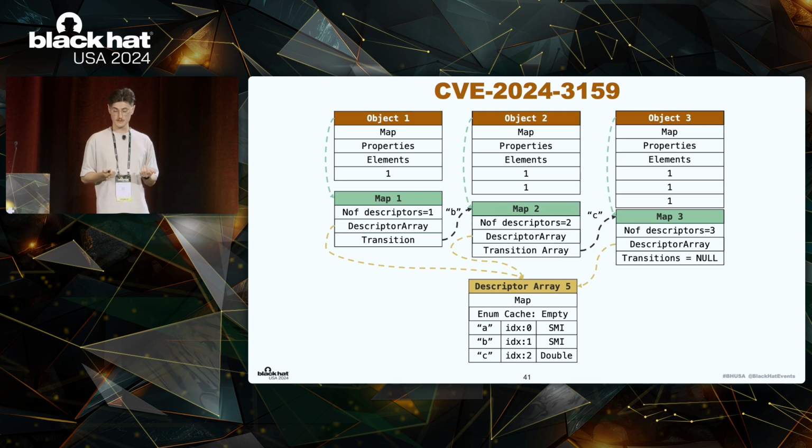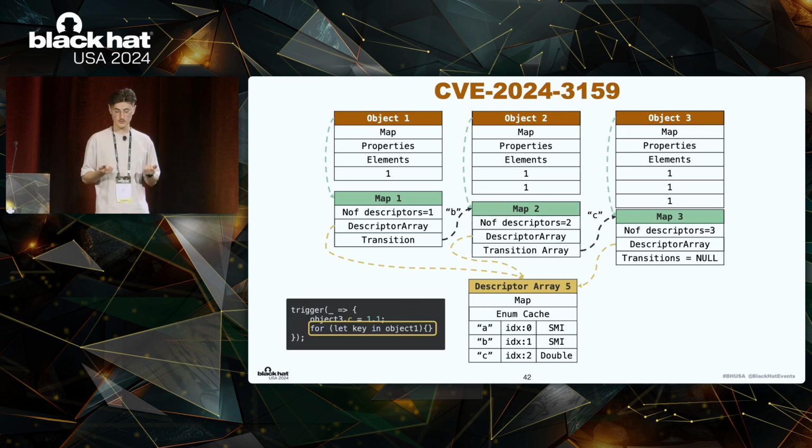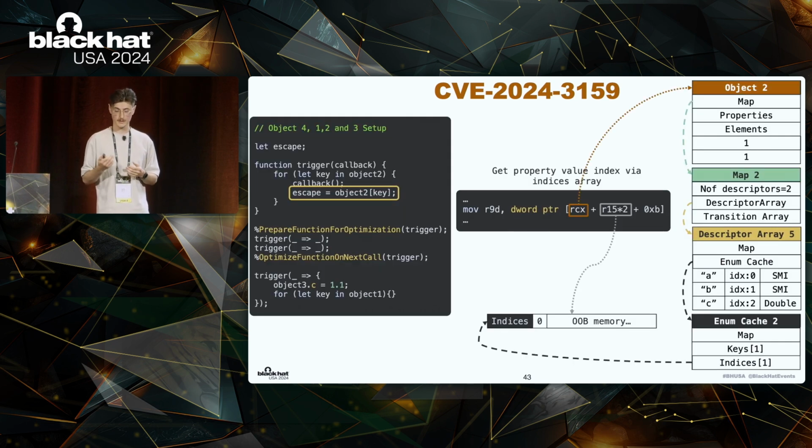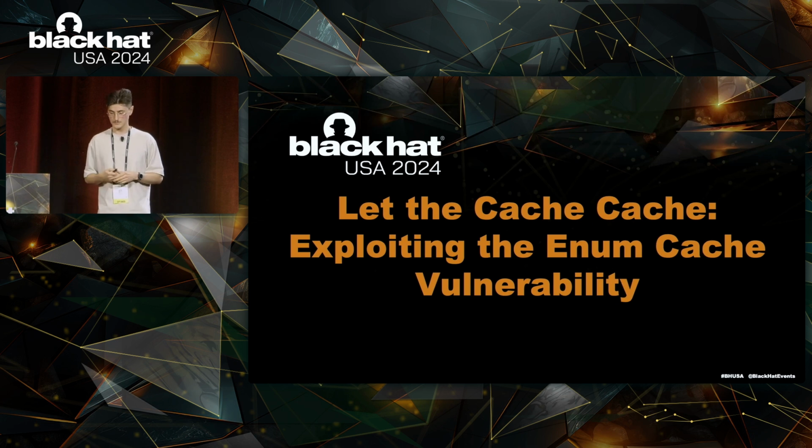From there, we just need to trigger the creation of a new enum cache of size 1. And we can trigger the same bug as before by accessing out of bound of the indices array and using that out-of-bound value as an offset from the object to get memory corruption. I will now let Tao talk about the exploitation part.